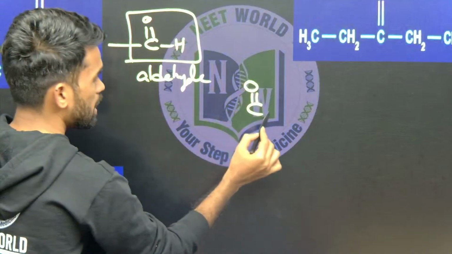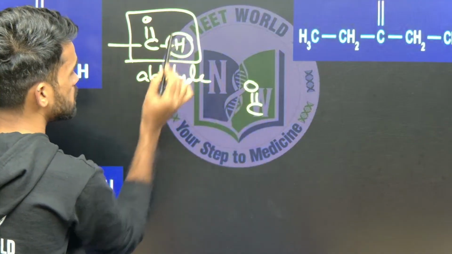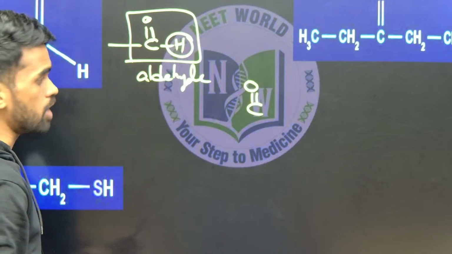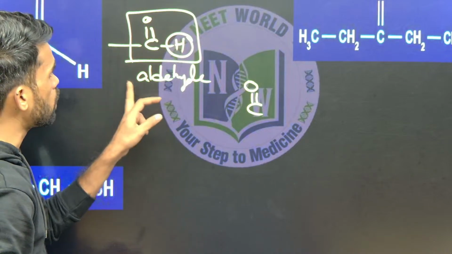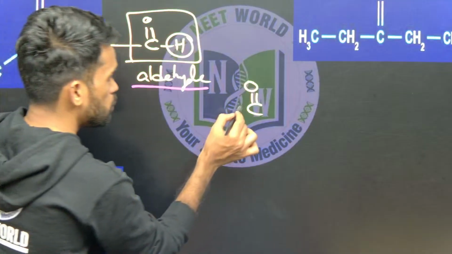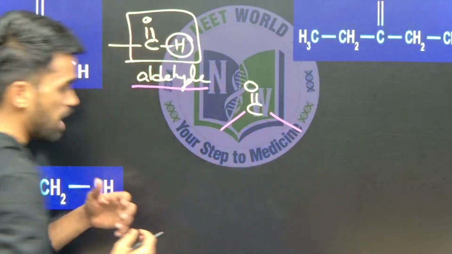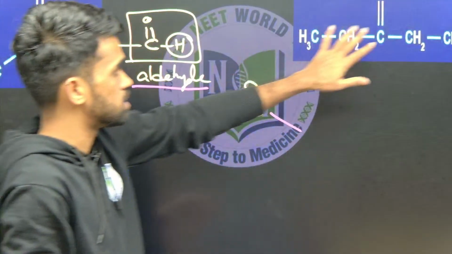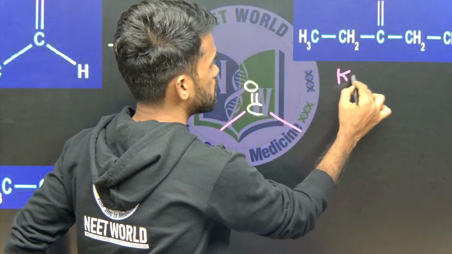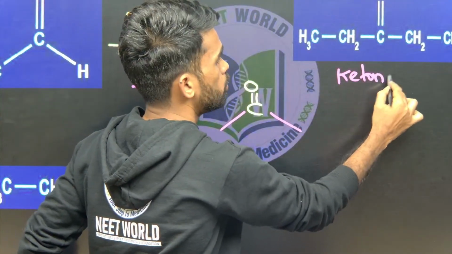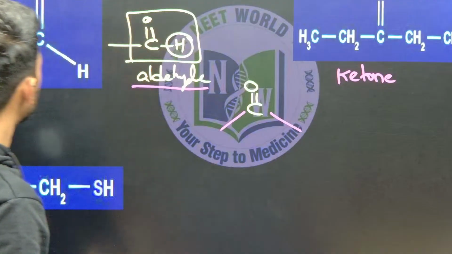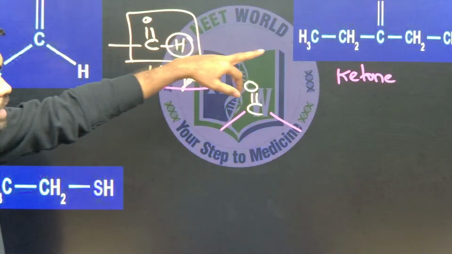If at least one hydrogen is directly attached to the carbon of this carbonyl group, call it an aldehyde. If both positions of this carbon have alkyl groups attached like this, call it a ketone. Hope this is clear. Now this is called an aldehyde and that will be a ketone.